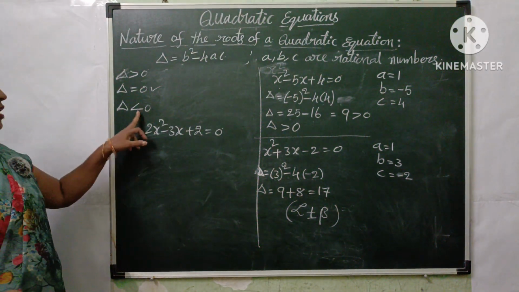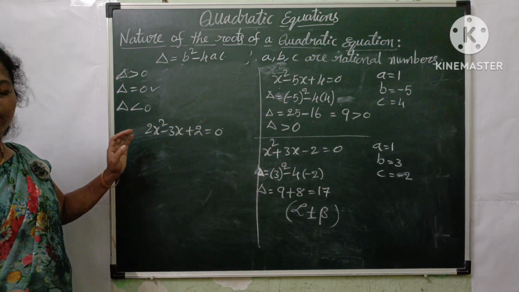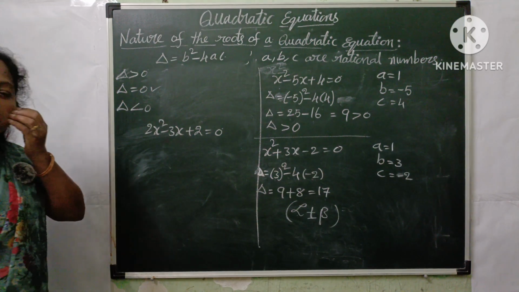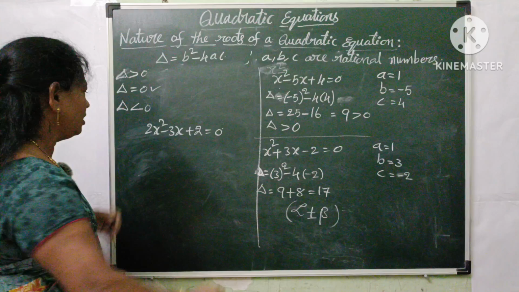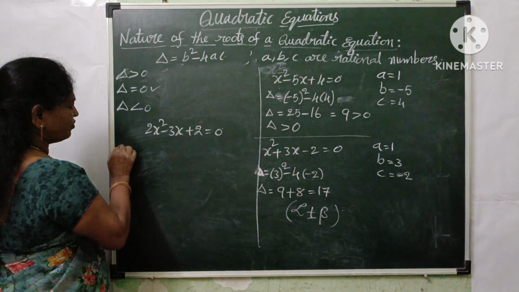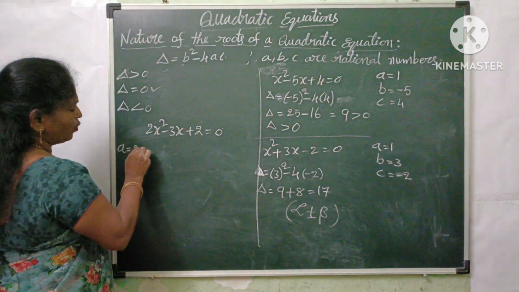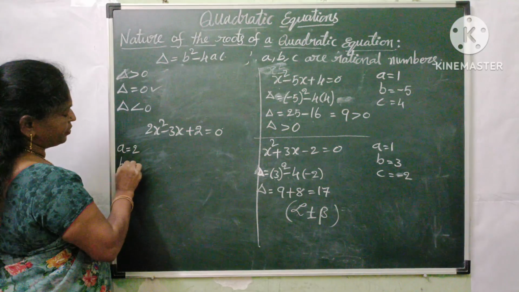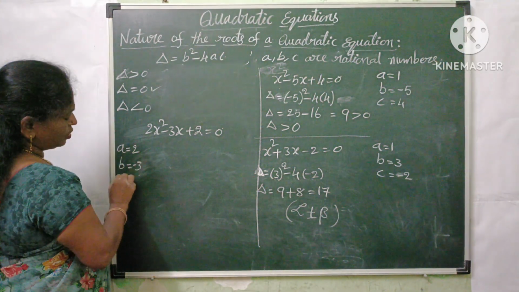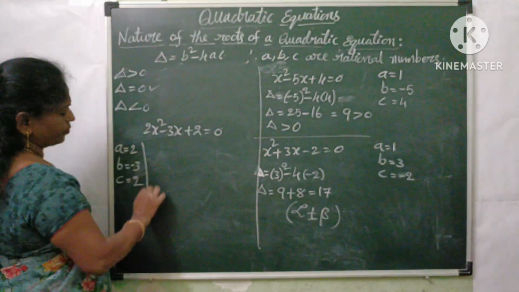When delta is less than 0, the roots are imaginary and conjugate to each other. Here a is 2, b is minus 3 and the constant term is 2.